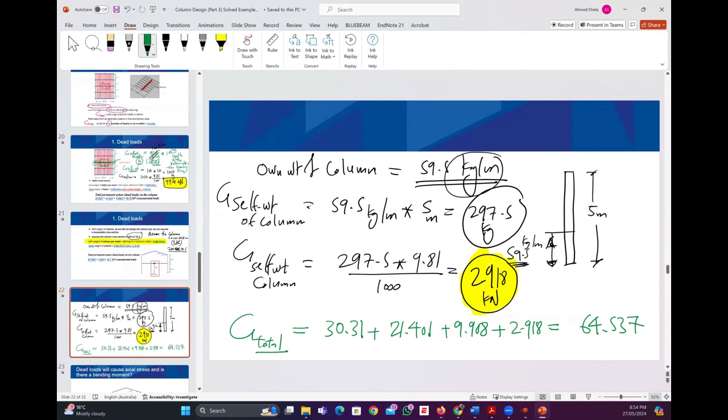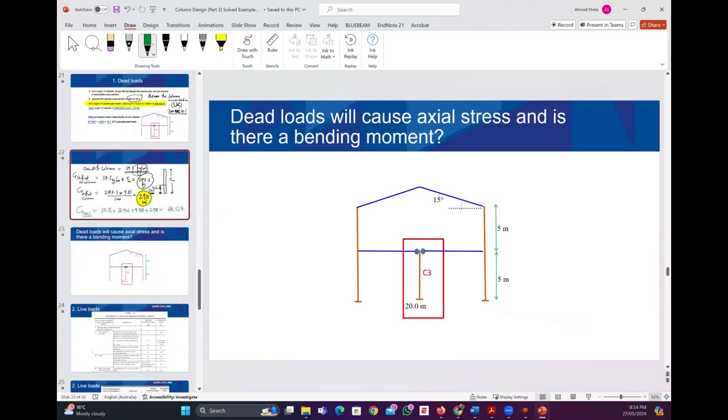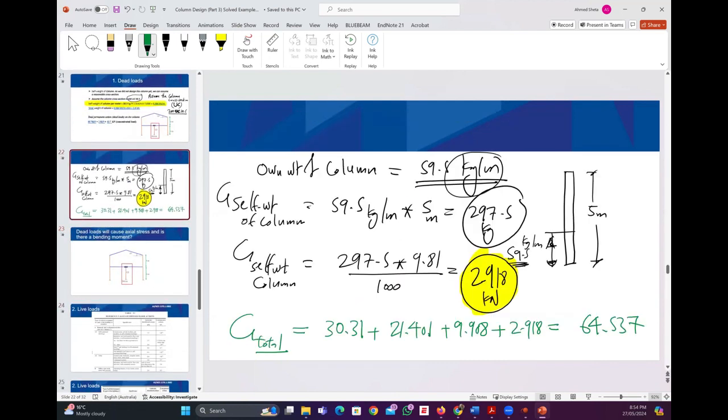What is the unit? Do you know? So what is the unit here? Kilonewton. So what is the final unit? Kilonewton. So G for the column is in kilonewton.